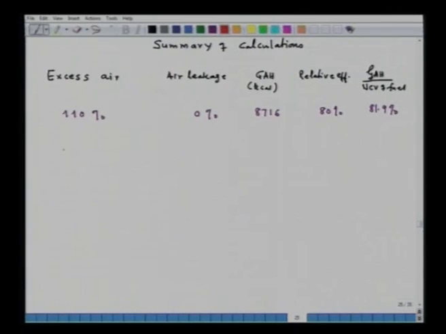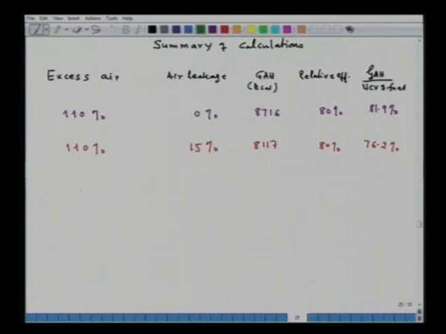Now, in the second case we have taken 110% excess air, 15% air leakage, and 8117 is the gross available heat. We assumed 80% relative efficiency and we got 76.2% of gross available heat could be recovered.